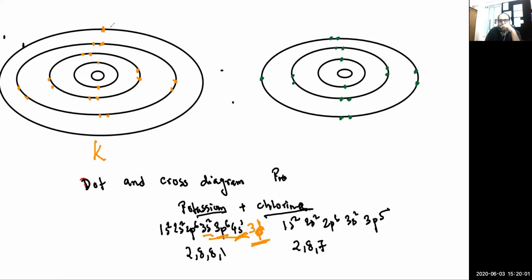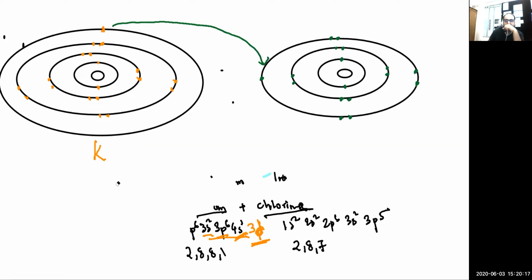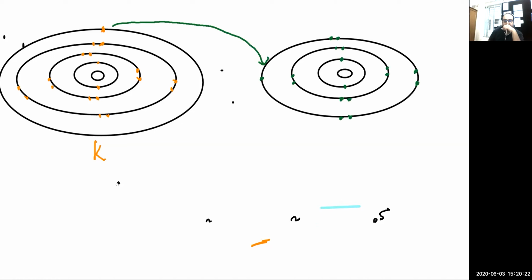So there's going to be a transfer of electron from here to here. So this is chlorine.